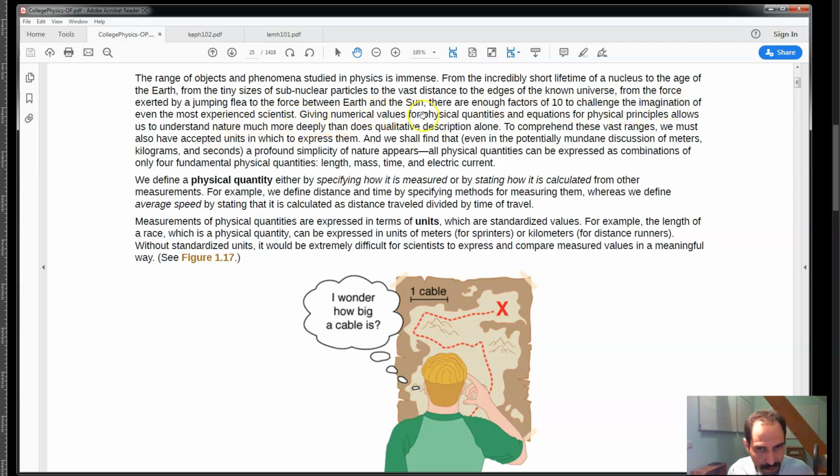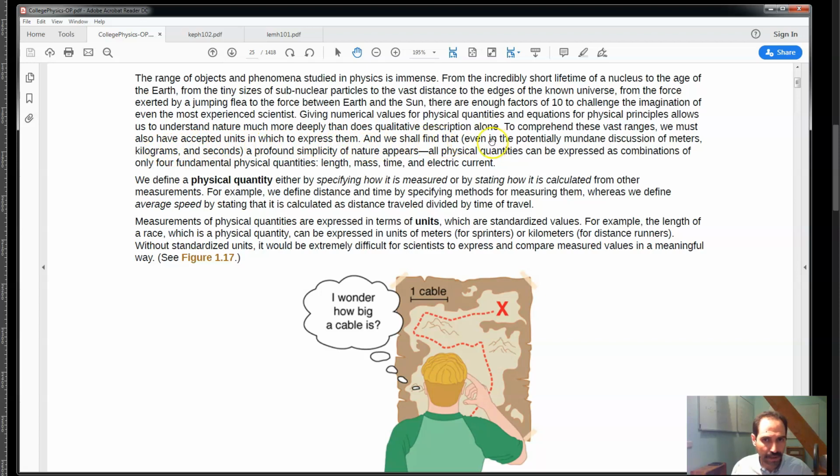Giving numerical values for physical quantities and equations for physical principles allows us to understand nature much more deeply than does qualitative description alone. To comprehend these vast ranges, we must also have accepted units in which to express them.